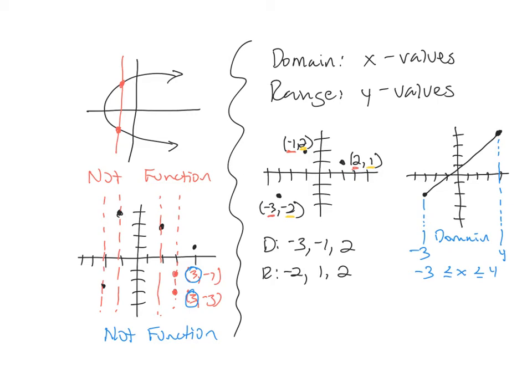And then I would do the same thing with the range, which is the y numbers. So as it goes up and down, if I were to connect this all the way over, here's -2, and then it goes up to 1, 2, 3, 4 on that part also. Okay, so the range is -2 and 4.